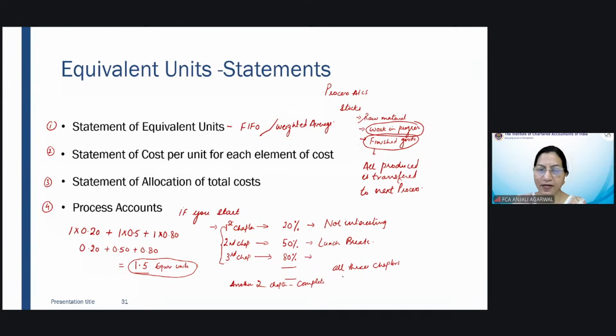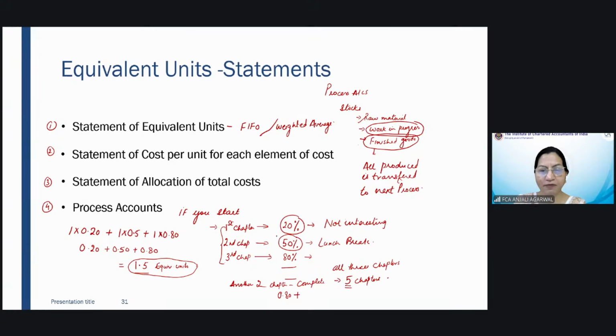So on the second day, you would say that I have done 5 chapters. But on the basis of FIFO, I would say how many equivalent units of chapter you have done. Though you may have 5 chapters completed by now, on the first chapter you have already completed 20% yesterday, so today you would work on that for 80%.